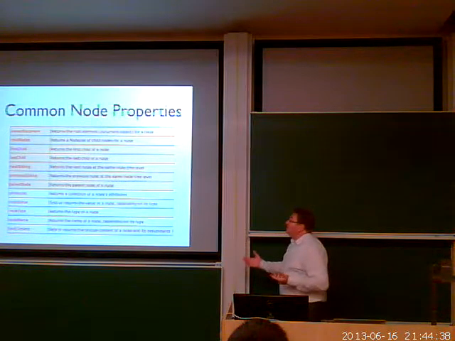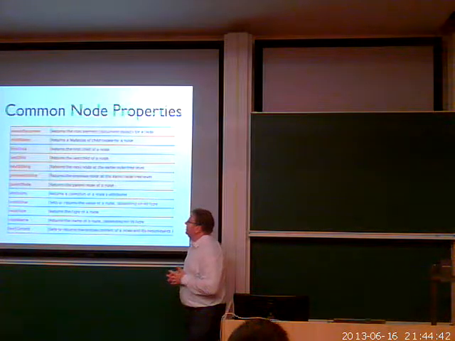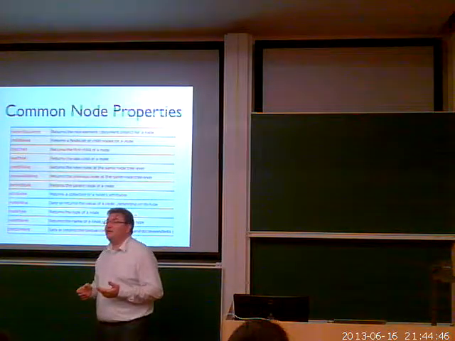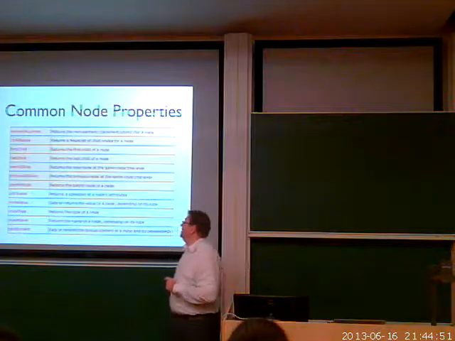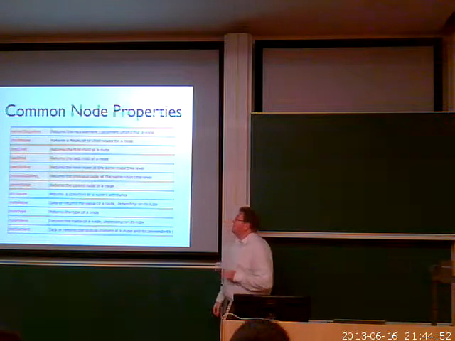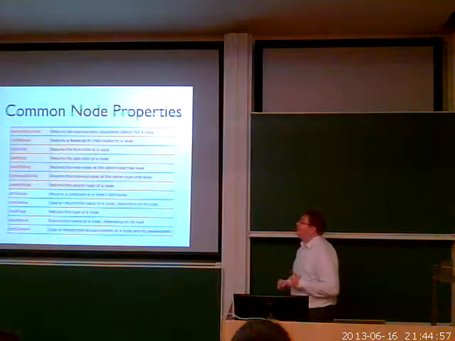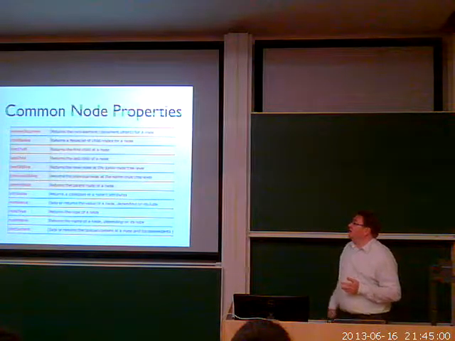In terms of the properties of the node, there are quite a lot as well. There are things like shortcuts. For any node, you can find out the document that owns it. It's just a shortcut to the top of the DOM tree. You can find out the child nodes of the node. So not only can you inspect whether it's got any children, but you can actually look at the children.